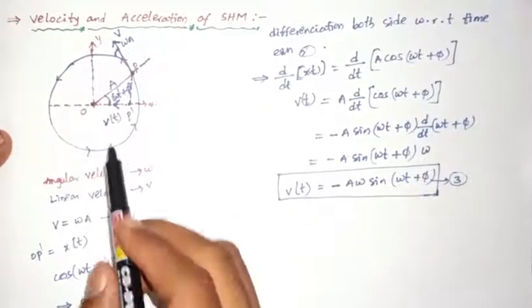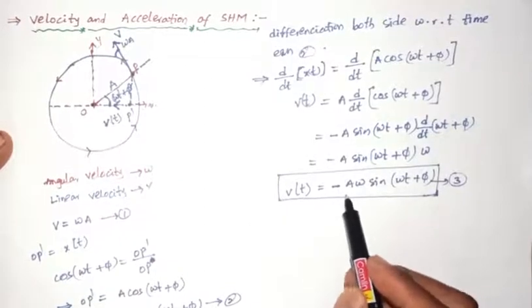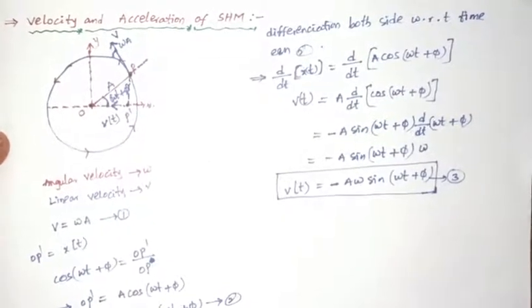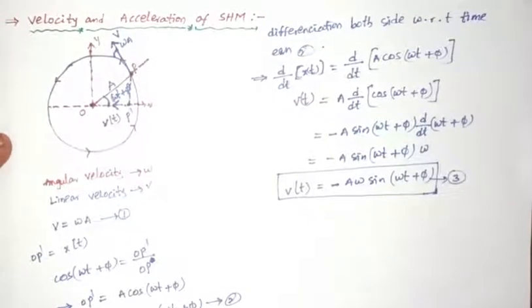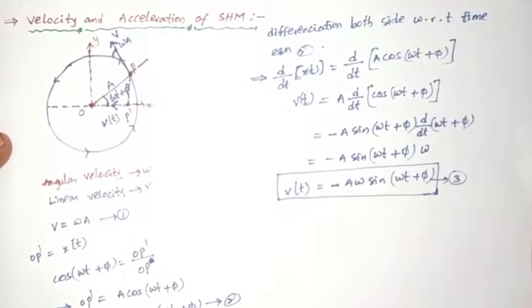So this is v of t equals minus A omega sin omega t. This is the velocity equation.